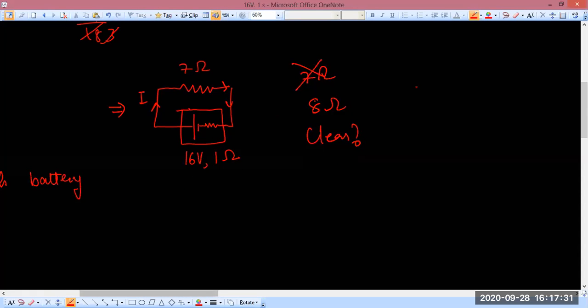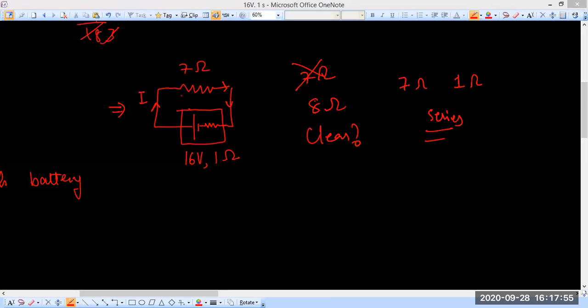You can say that this 7 ohm and 1 ohm are in series. Yes, 1 ohm for the battery. So 7 up and 1 down, that's absolutely wrong. What is the meaning of 7 up and 1 down? Okay, you mean to say 7 over here and 1 over here.